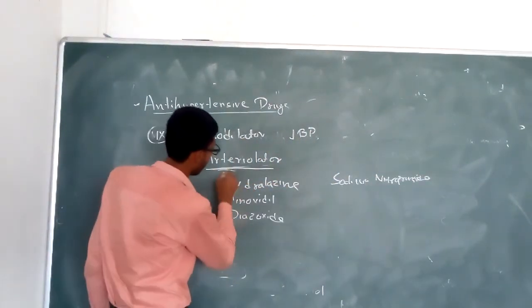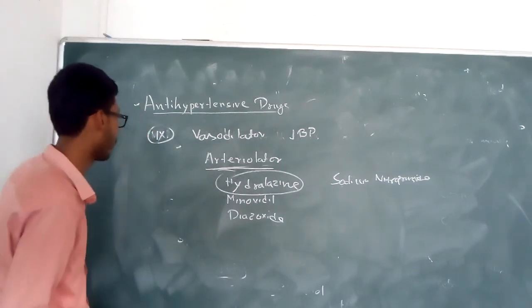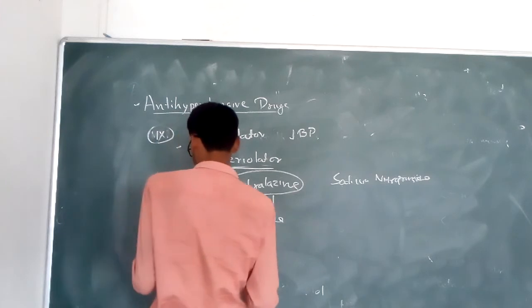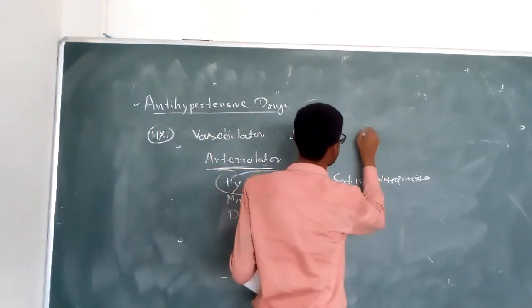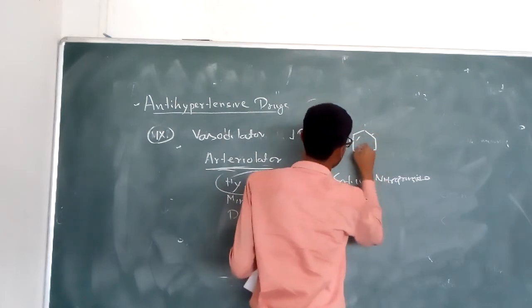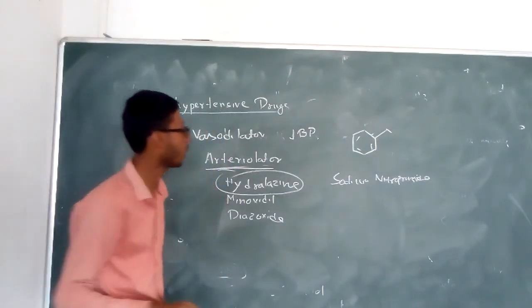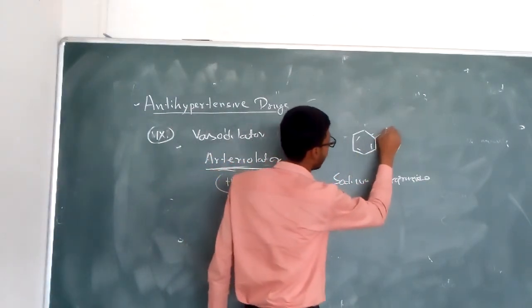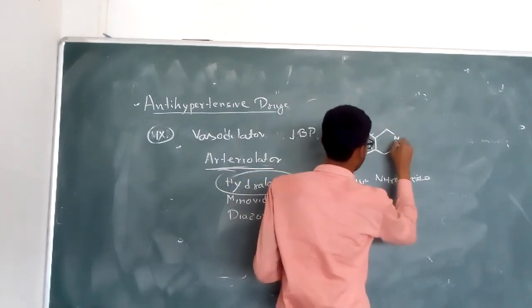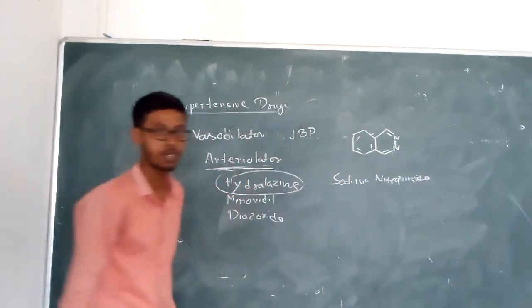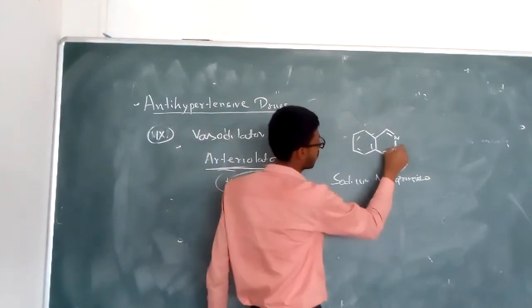Among the arteriolar dilators, hydralazine is important for your syllabus, and hydralazine contains the ring structure of phthalazine. Phthalazine contains a benzene ring, and another ring, a heterocyclic ring, containing two nitrogens present at adjacent positions, fused to the benzene ring.